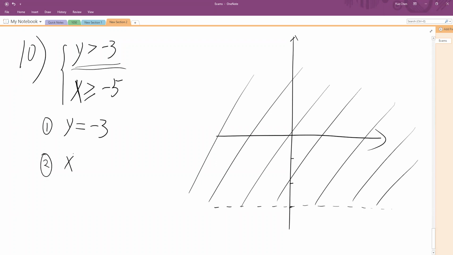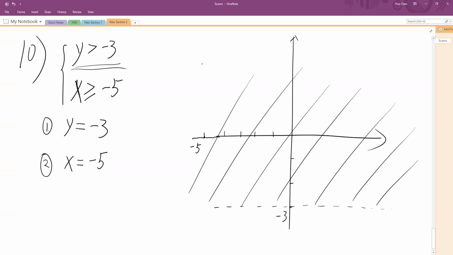The second one is x greater than or equal to -5. The boundary is x equals -5. -5 is here: 1, 2, 3, 4, 5. Okay, this is -5. This is -3, this is -5. So x equals -5 is a vertical line.